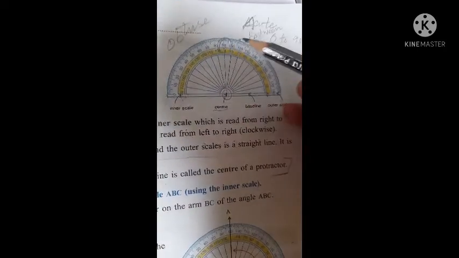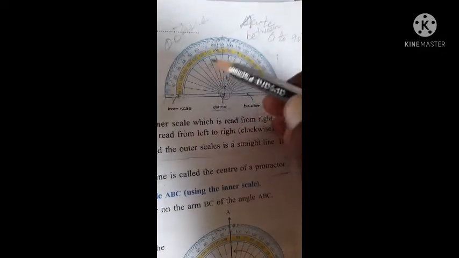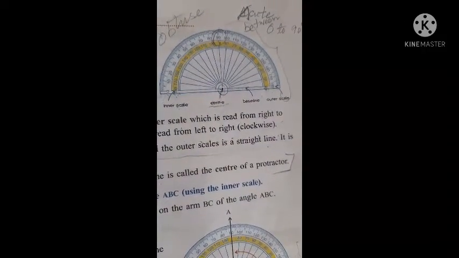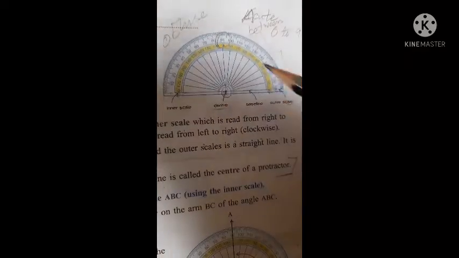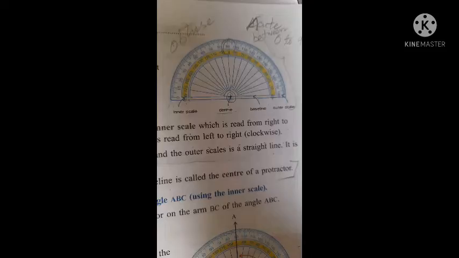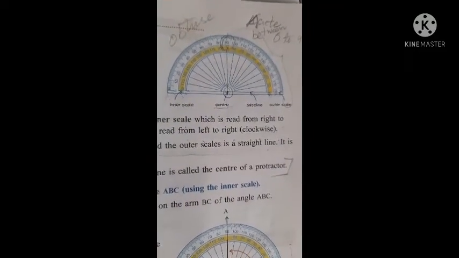Or you can say between 90 to 180 degrees. This is called an obtuse angle. So first is right angle, next straight angle, acute angle, obtuse angle.